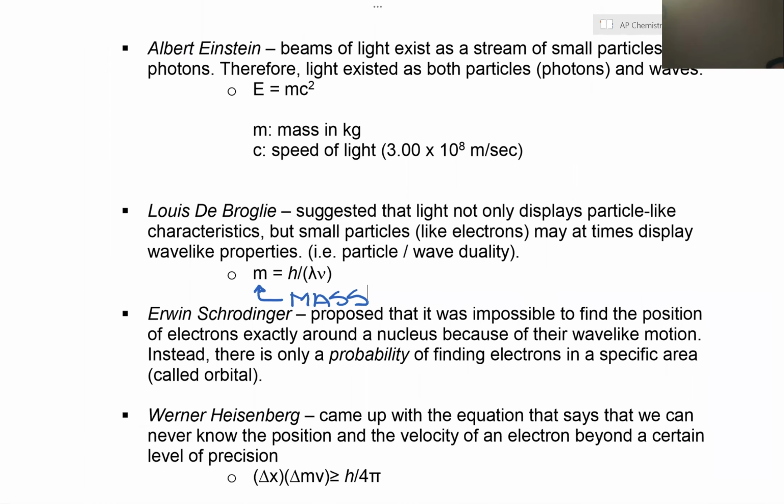Now, Erwin Schrödinger and Werner Heisenberg rounded off the ideas of this particle-wave duality. You won't need to know these individuals, but you need to know how to use the formulas, as well as how you go from the Bohr model to this wave mechanical model.